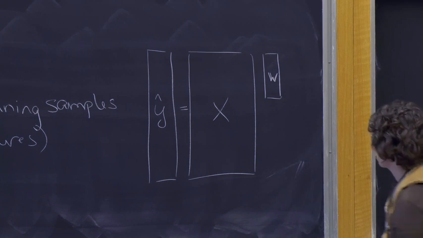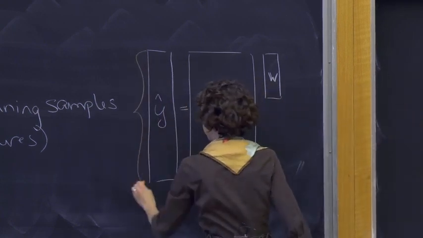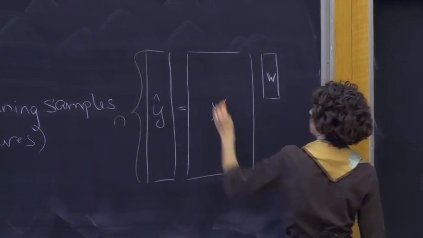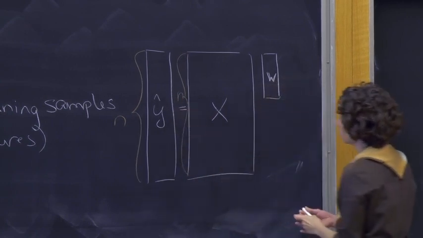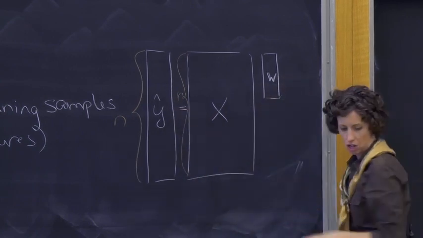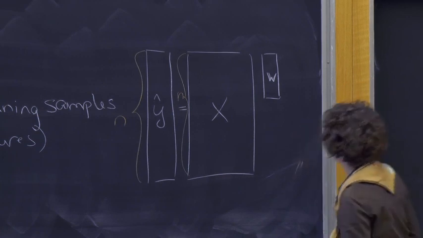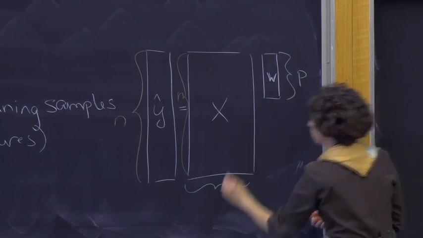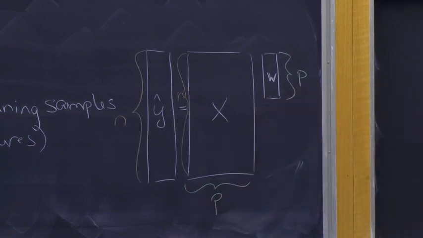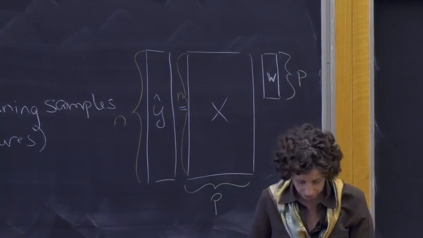And in this picture, the height here, n, is the number of samples. So that's both the height of y and the height of X. And the width of X and the height of w are both p for the number of features. So that's the scenario that we talked about last time.